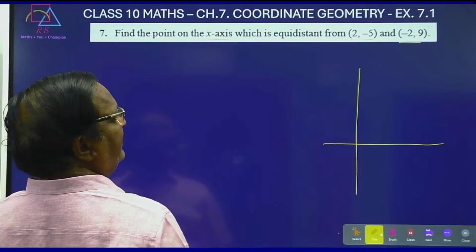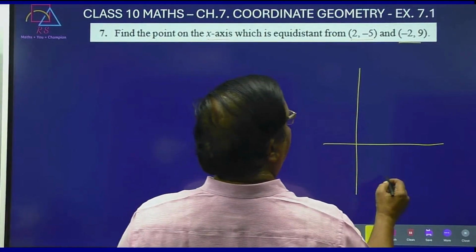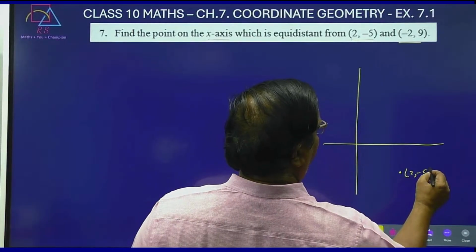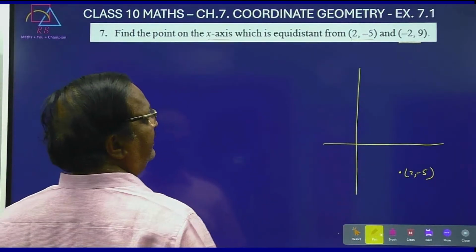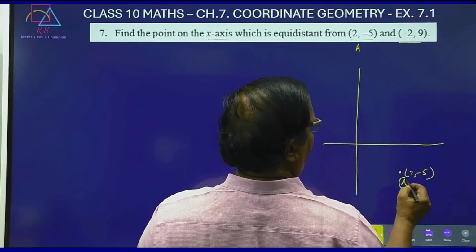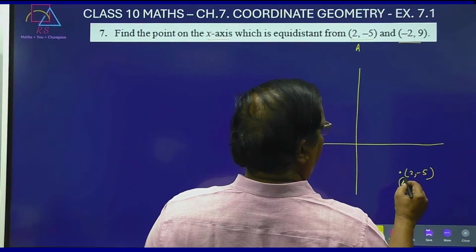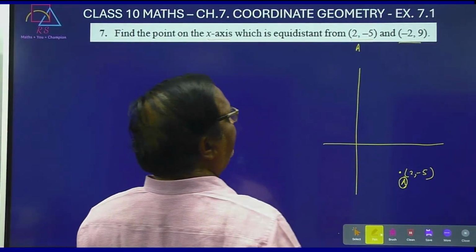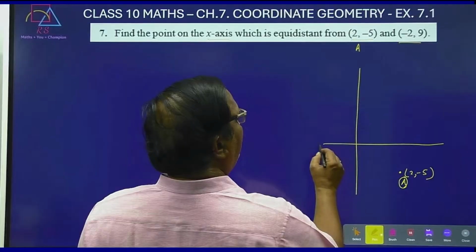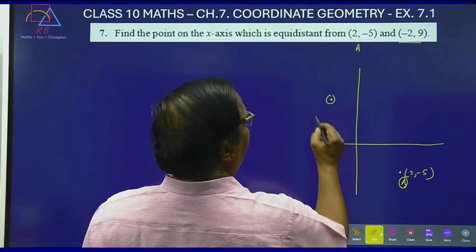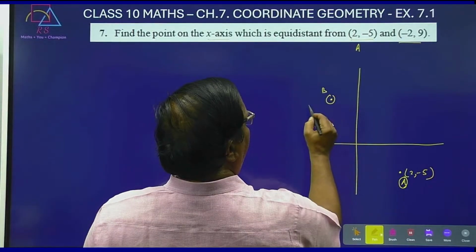This is 2, minus 5, in the fourth quadrant. Let us say this is A. And minus 2, 9 is here. This is B, minus 2, 9.